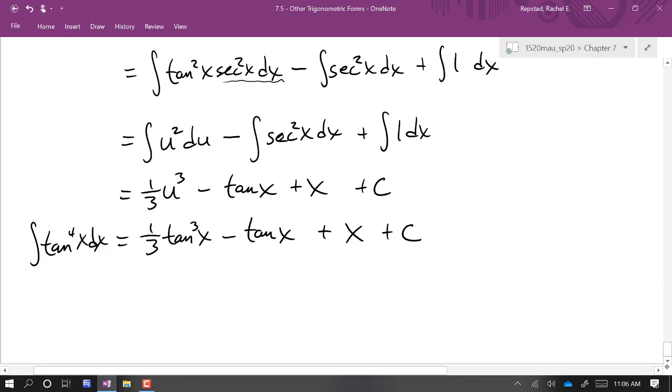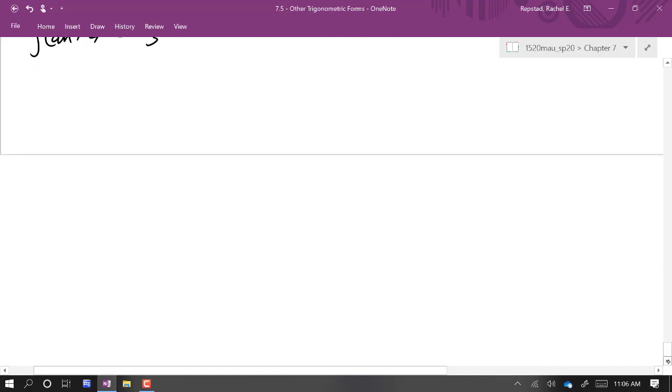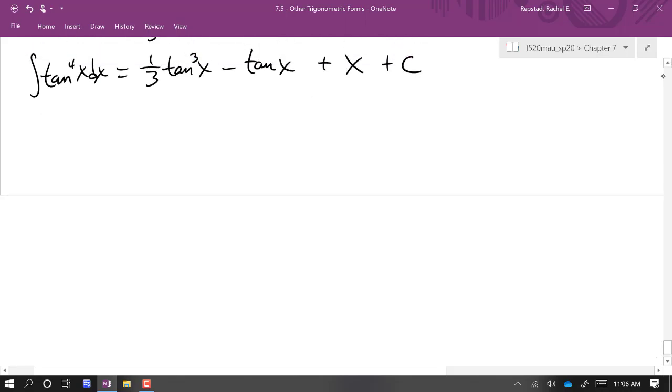And I'm running out of room here, so I'm going to use my magic paper. So the integral from 0 to pi over 4 of tan to the 4th x dx is equal to, now I know the expression I'm going to use. I don't need to worry about the plus c because it's a definite integral, so I'm going to take this expression, throw my limits on that.